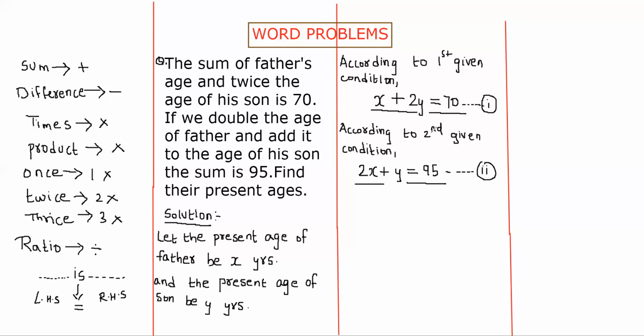I will advise you students, don't go by the Cramer's rule method because it is lengthy as compared to the elimination method and the substitution method, so it will take more time. So I advise you to solve this further by either the elimination method or the substitution method.